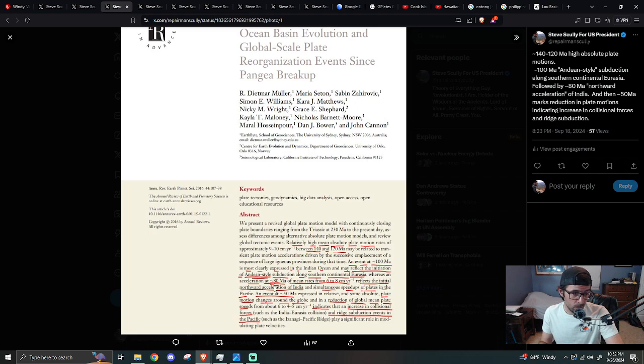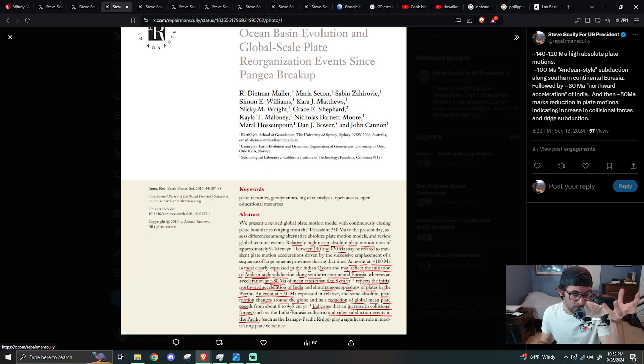Reflects the initial northward acceleration of India and simultaneous speed up of plates in the Pacific. So I believe it was 100 that it was the breakup of India from Antarctica, and then 80 reflects a northward acceleration when it speeds up, and then an event at approximately 50 million expressed in relative and some absolute plate motion changes around the globe, and in a reduction of global mean plate speeds.